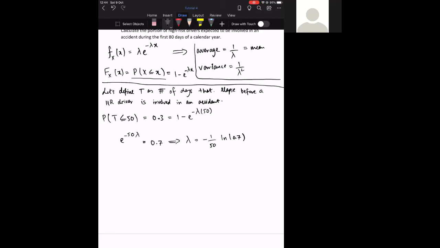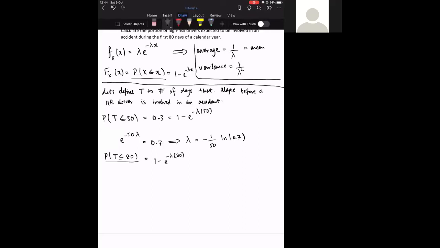Now that we have lambda, it's pretty easy to find the probability that t is less than or equal to 80. Once again, this is in the form of the CDF, so we want 1 minus e to the minus lambda times 80.